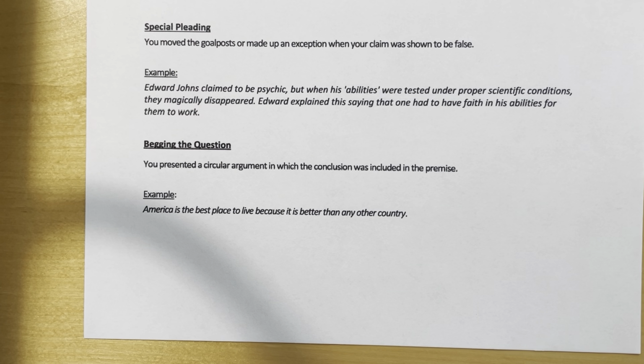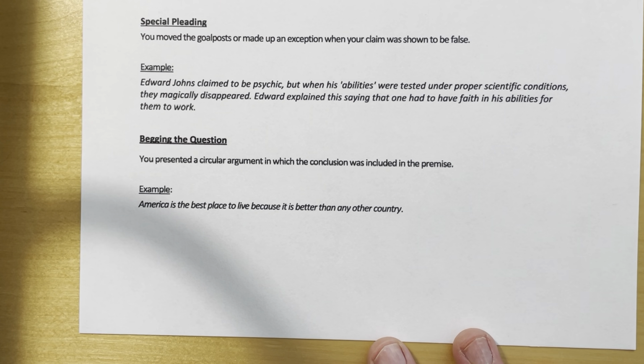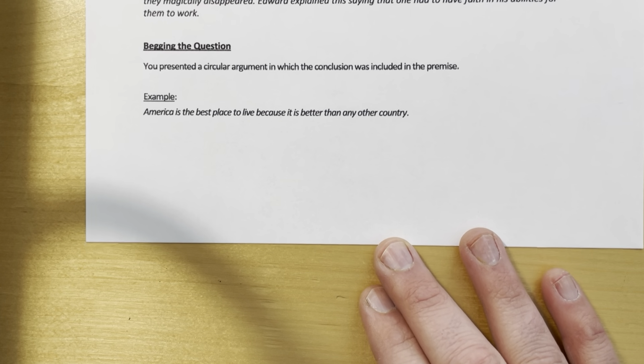He claims to be a psychic, and if you try to test his abilities and find that they don't actually predict what they were supposed to predict, his get out of jail free card, if you will, is to say, well, you never had faith in my abilities and that made them not work. So that gives you no real way of verifying whether his abilities are correct or not, and he's moving the goalposts, so to speak. So that's what we call special pleading, and that's another informal fallacy.